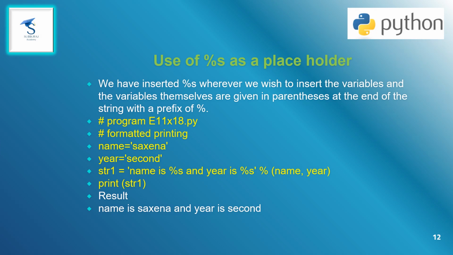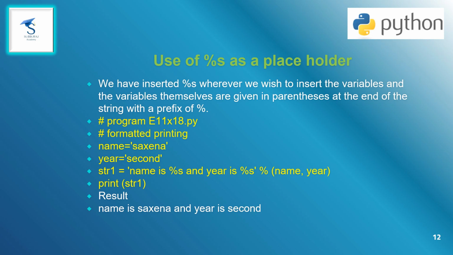Now we will find another use of percentage as a placeholder. Look at the program first. The first two statements are comment statements. Then I'm saying name is equal to Saxena. Saxena is a string and that is assigned to name. Second is another string assigned to here. Then str1 is a variable which is a string because you have a single quote.